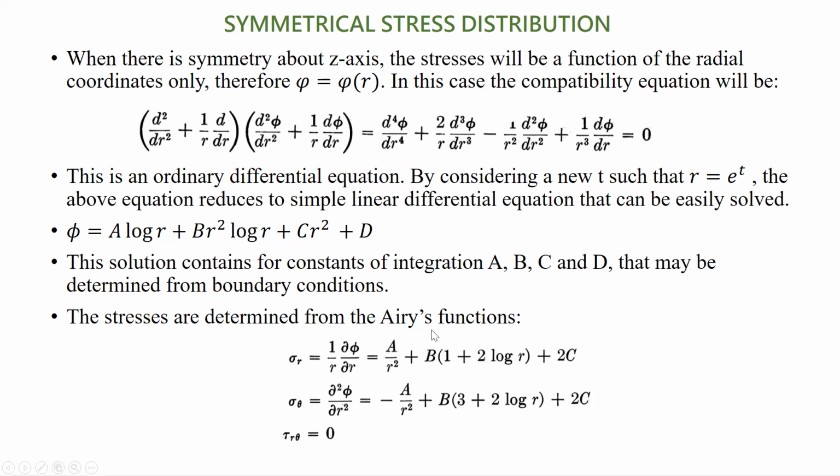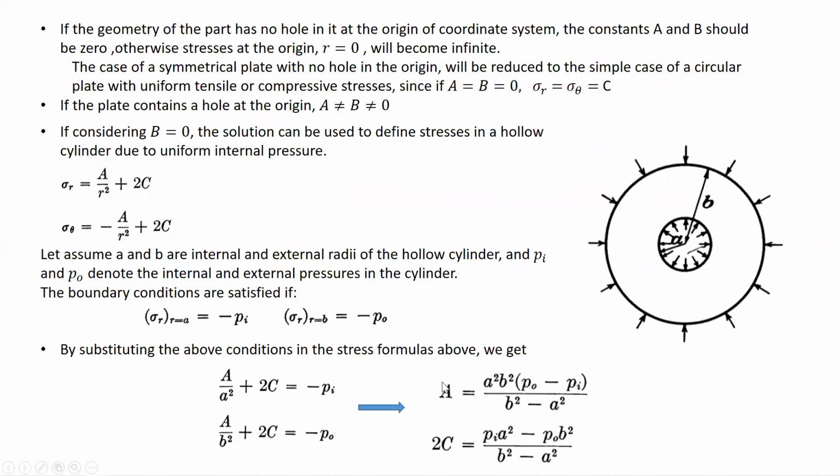A special case would be that B is equal to 0. And we talk about that later on, that B should be equal to 0 in that specific type of problem.